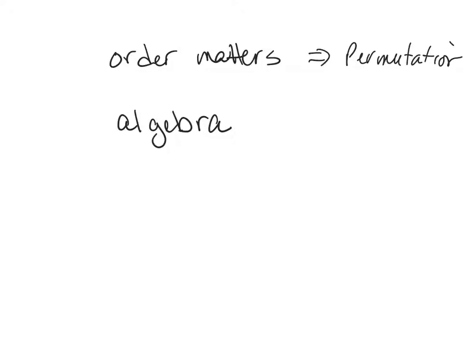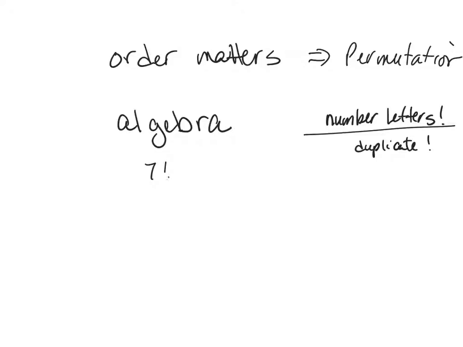So what you're going to do is the number of letters factorial goes on top, and the duplicate factorial goes on the bottom. Okay? So the number of letters in algebra is 7, so it's 7 factorial, and there are 2 A's, so it's 2 factorial.